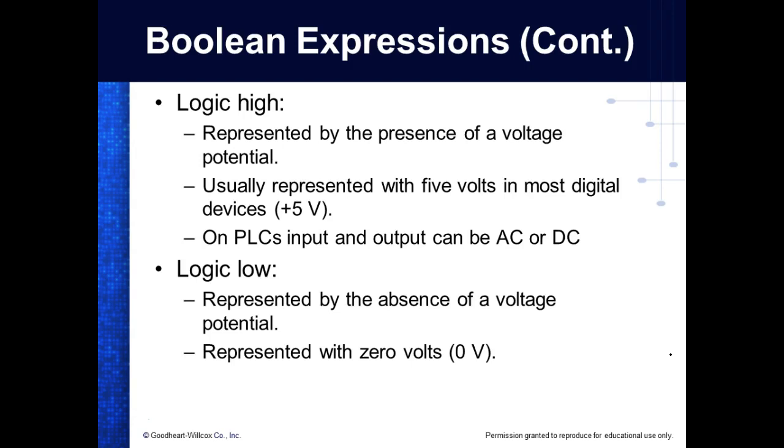Ours use sourcing inputs connected to a plus 24 volt supply, so when you press that button, it puts 24 volts on that input. When the program scans it, it puts a 1 in the data table, or data file, for input. Logic low is represented by the absence of the voltage potential, or 0 volts.